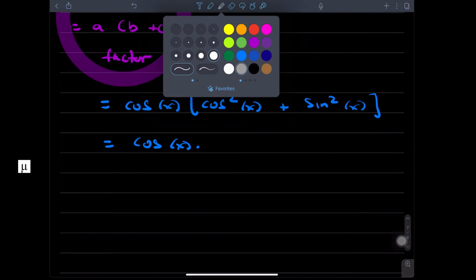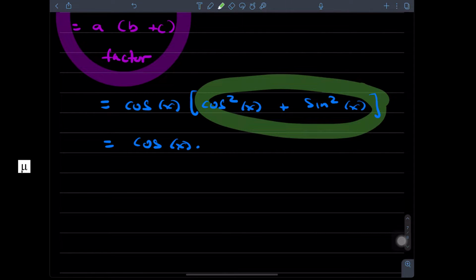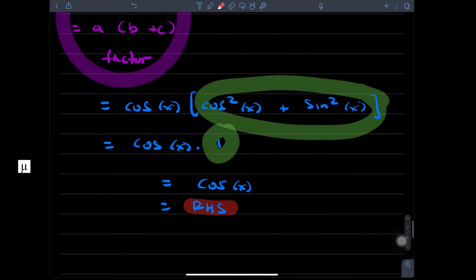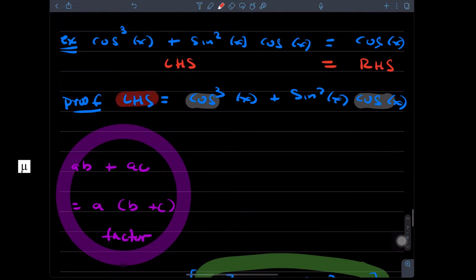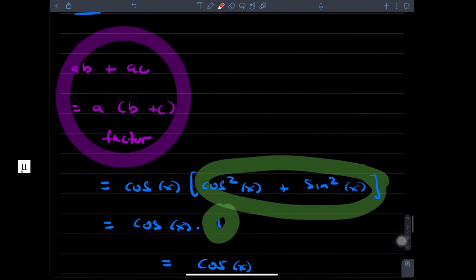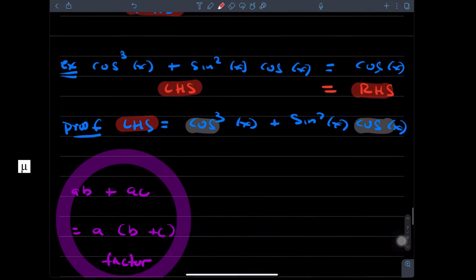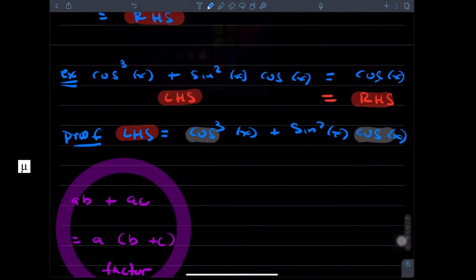I think that's 1, isn't it? This portion is 1. You guys can see that. And then what's cosine times 1? Just cosine. Then what does that equal? Right-hand side. So you have the left-hand side, again, equal to the right-hand side. This is what you've shown. So you've shown this. What does that mean? You have a what?